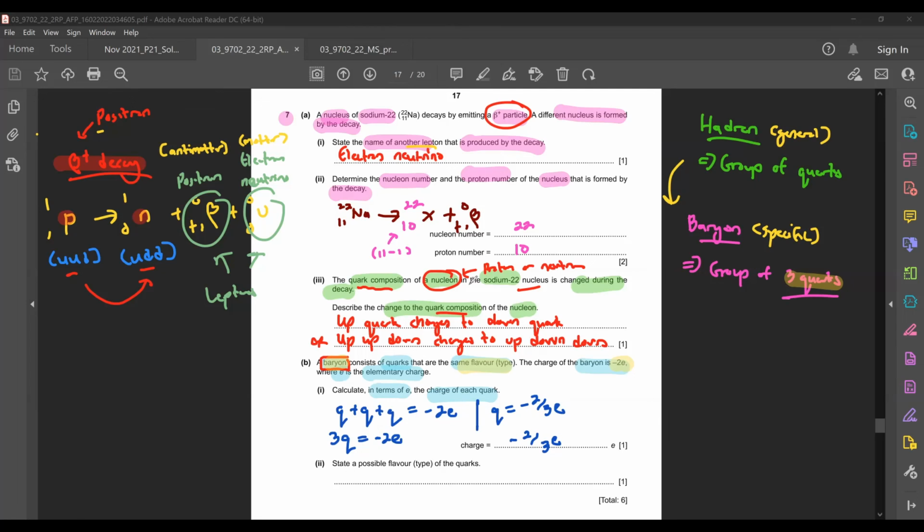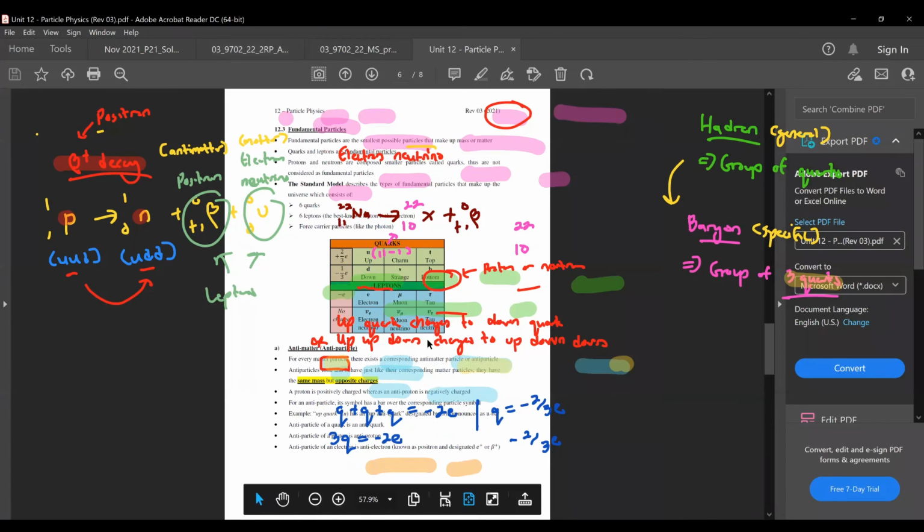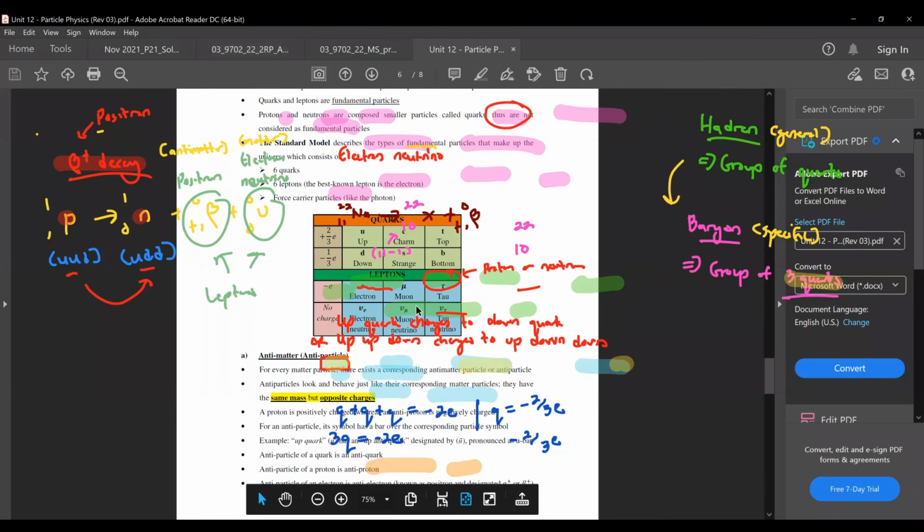But then after that, the next question will ask you, what is a possible flavor or type for this quark? So if you refer back to the tables that you have in the particle physics notes, there was a table that summarized the quark compositions, the types of quarks that you have.